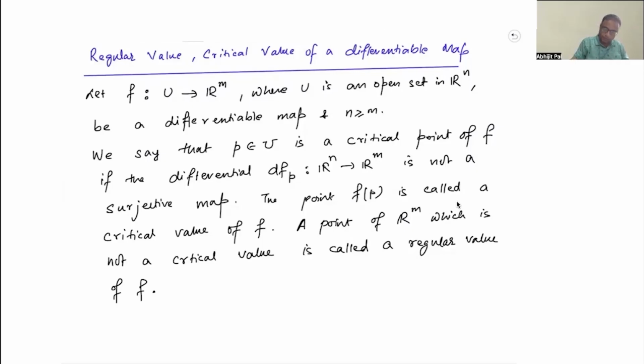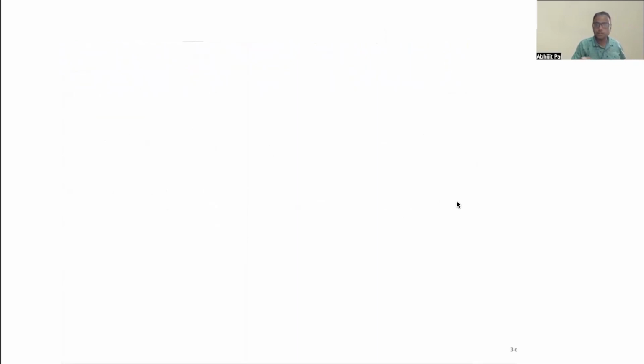Okay, so now let us understand this by some examples. Let us take a function R to R, f(x) equal to x square.